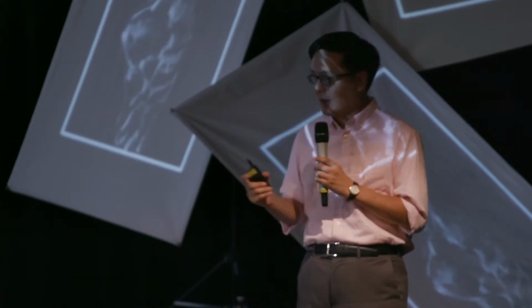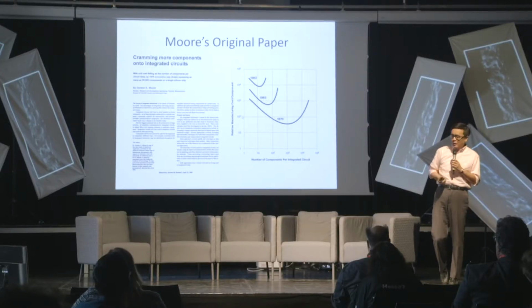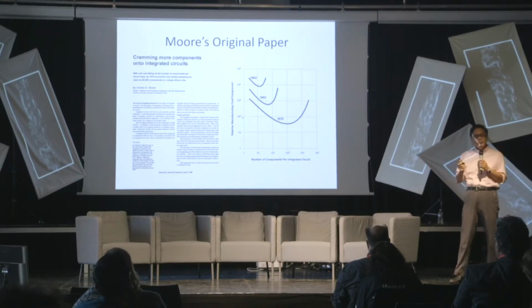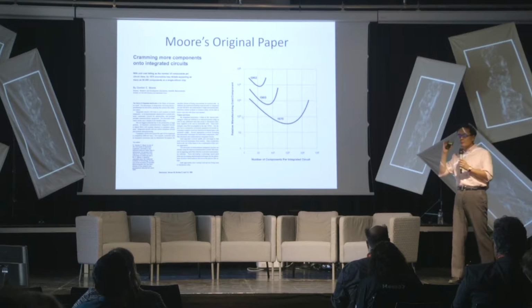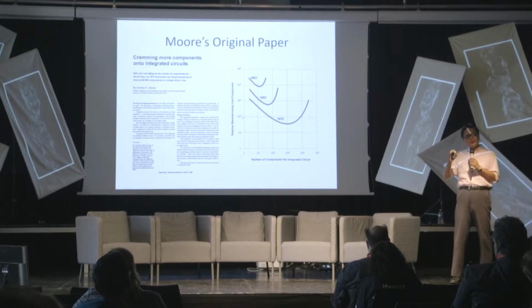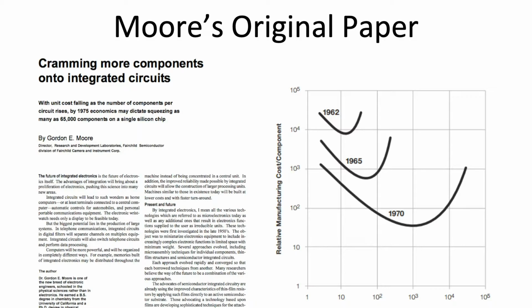But if we really look at the original paper from Moore, what he actually says is, look at these curves. Different curves represent different semiconductor processes. Assuming you make chips using these different processes, and assuming you can sell as many as you can make, you could decide to put 1 transistor on a chip or 1 billion transistors on a chip.